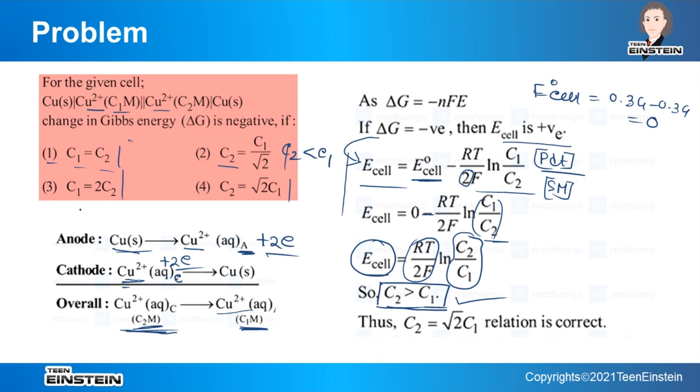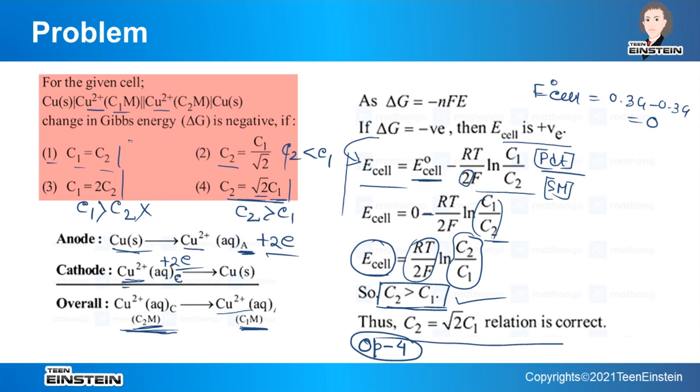In the third case C1 is equal to 2C2, that means again C1 is greater than C2, which is not possible. But in the last option C2 is greater than C1, because root 2 is multiplied, and this matches the condition that we have found here. So this relationship will be correct. The correct option is option 4.